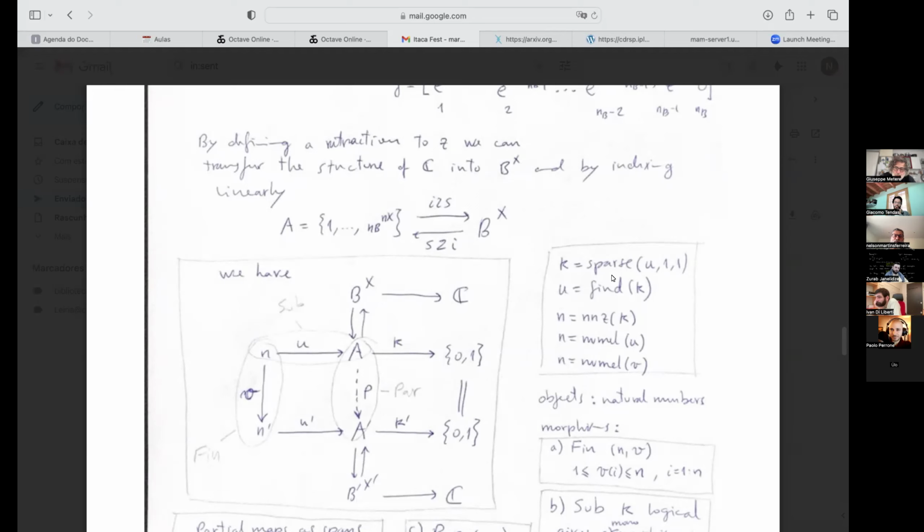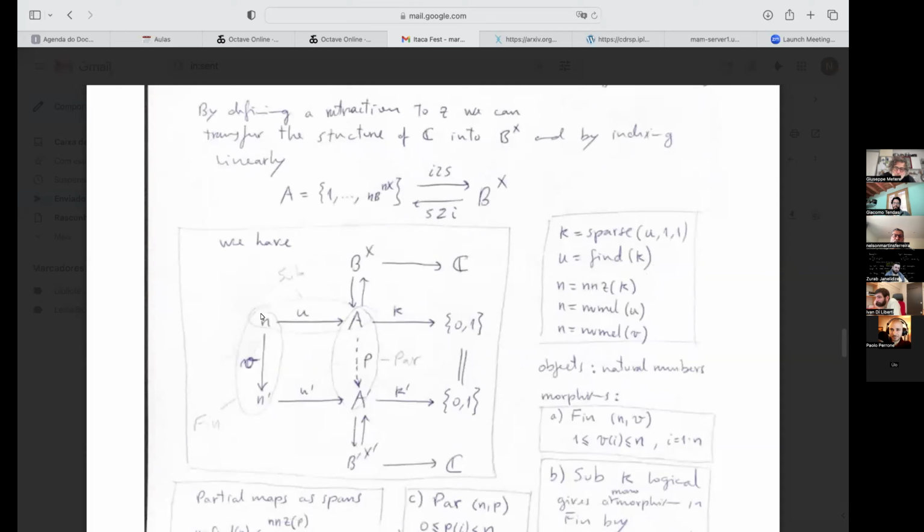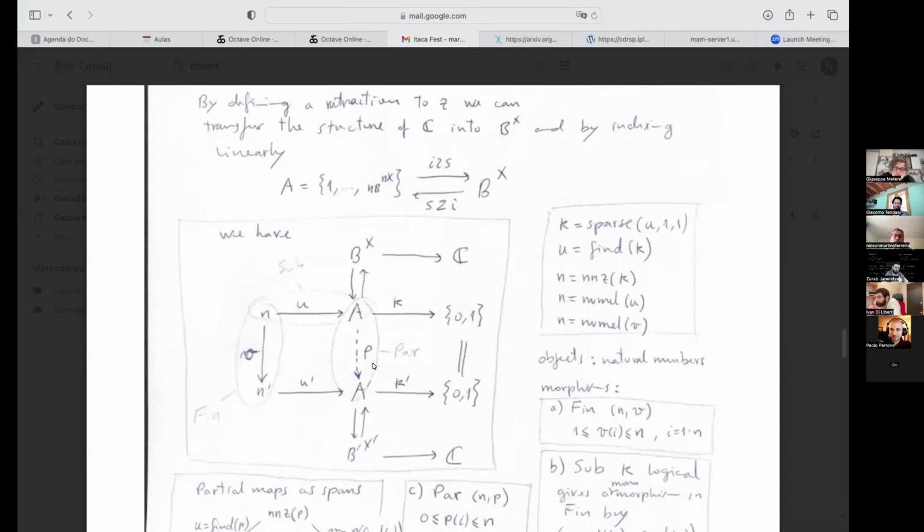Given U, we define sparse and we get the logical associated vector. And so we see that there are several things going on here. At this level, we think of this as an ordered set, and this is a map of ordered sets. At this level, we think of partial maps because this is the universe of indexes, but we are interested in subsets of the universe. So then we have to consider partial maps.